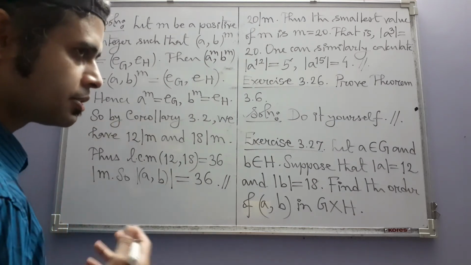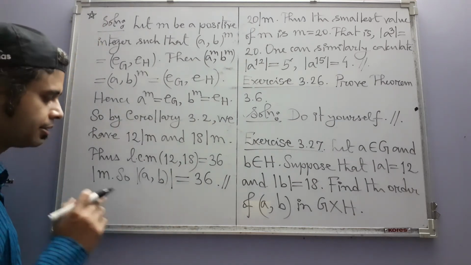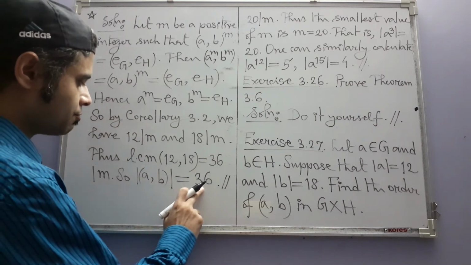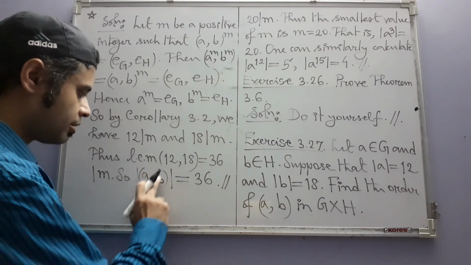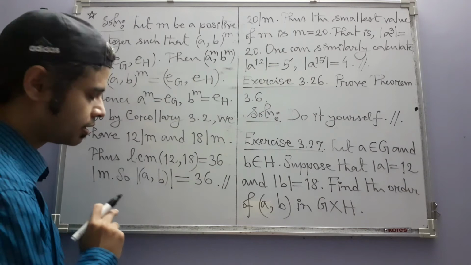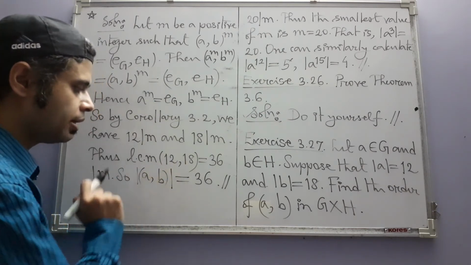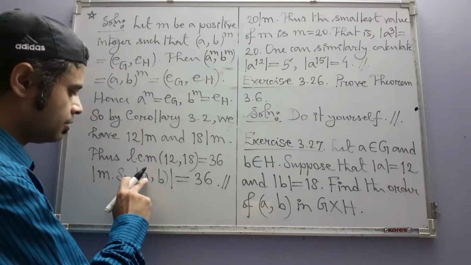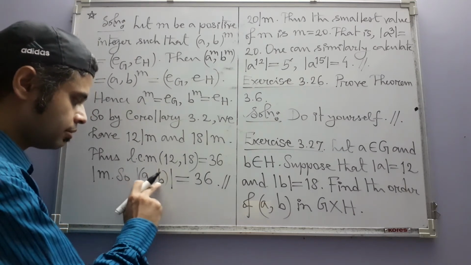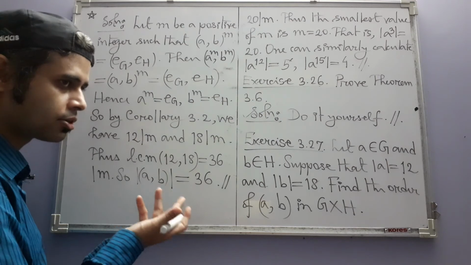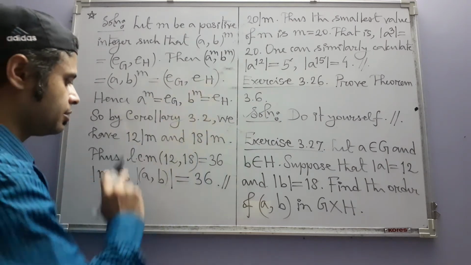And you can pretty much understand why that happens, because when you raise this ordered pair to the 36th power, that 36 will come down over both A and B, and then in the coordinates you should get the corresponding identity elements EG and EH.